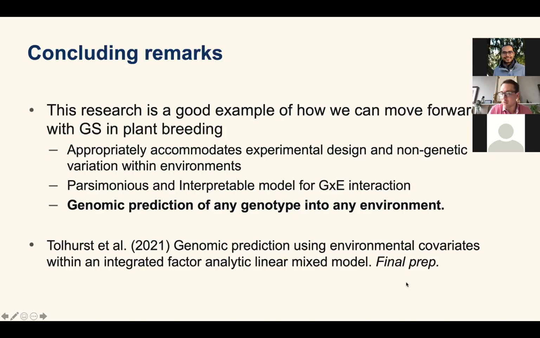Yep. And that's more the way, as well as, yes, you can get a prediction into any environment. But it's more about, you might actually observe a range or distribution of the different covariates in your environments. And then it becomes, well, which ones are best adapted?